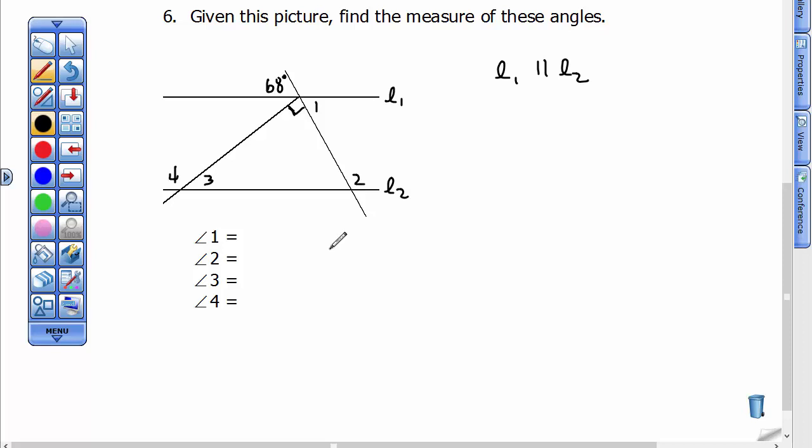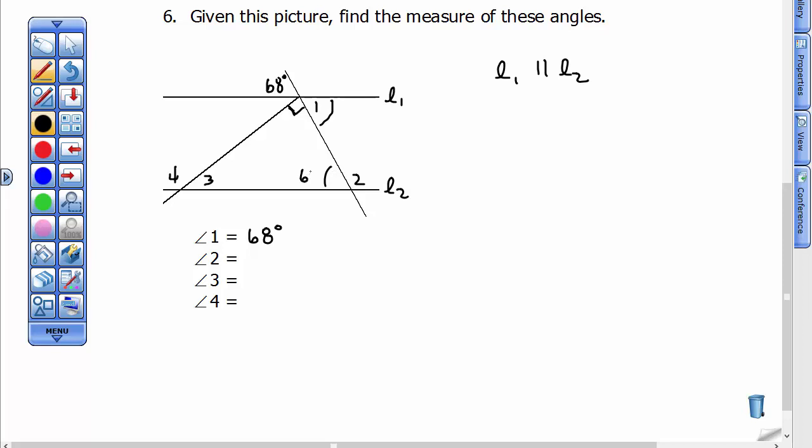All right, so angle 1 must be 68 because of this 68. Vertical angles. Since line 1 is parallel to line 2, then this angle and this angle are called alternate interior angles, and they are equal to one another.